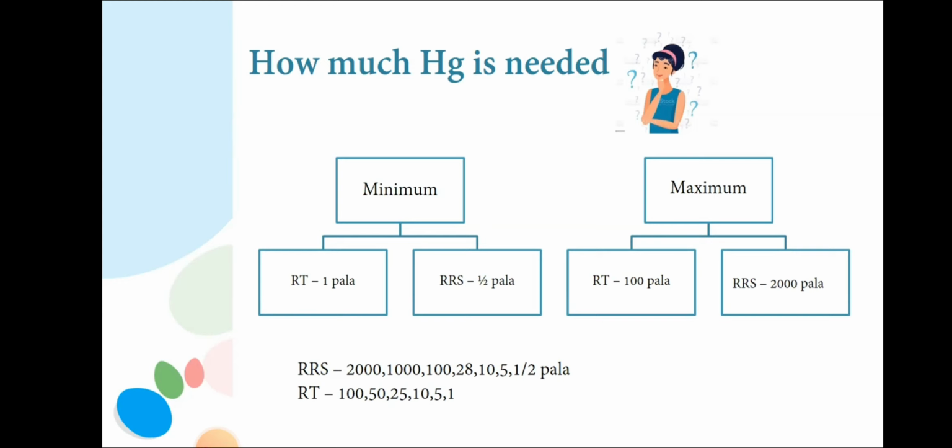Below 1 pala is not to be taken for the Ashtasamskaras, because there will be a loss. There will be a decrease in the yield when the Ashtasamskaras are completed. So there must be something which remains after this process. So 1 pala is the minimum quantity according to Rasa Tarangini, and according to Rasaratna Samuchaya, it is half pala.